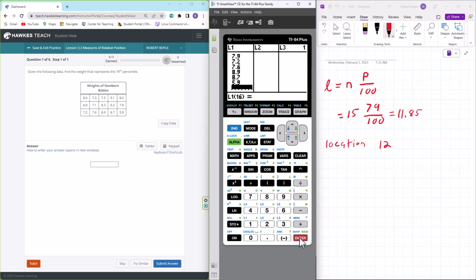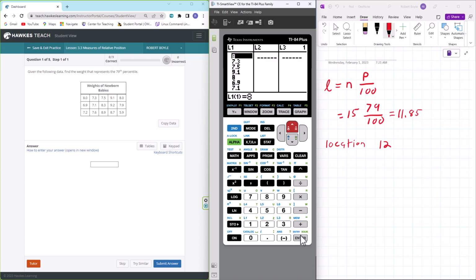Okay, so just make sure that's right: 5.9, 8.7, 8.9, 7.6, 7.2, 7.9, 9.2, 8.3, 7.1, 6.9, 8.0, 9.1, 7.5, 7.3, 8.0.